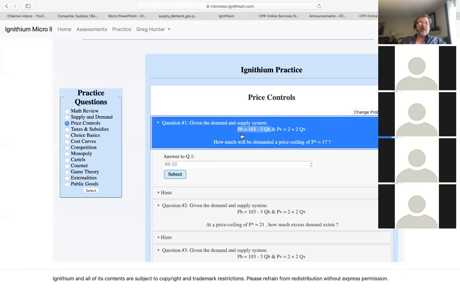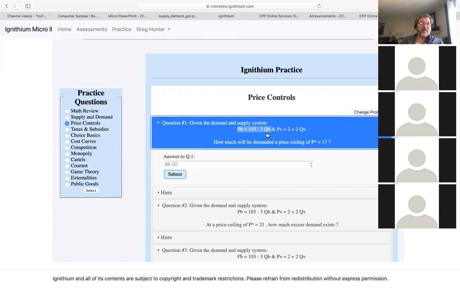We have PB playing the role of Y and QB playing the role of X. Do you remember, like from eighth grade or ninth grade, if you have a linear equation, how do you begin to graph it? You have to plot some points, right? So you need your little T graph, or your little table.